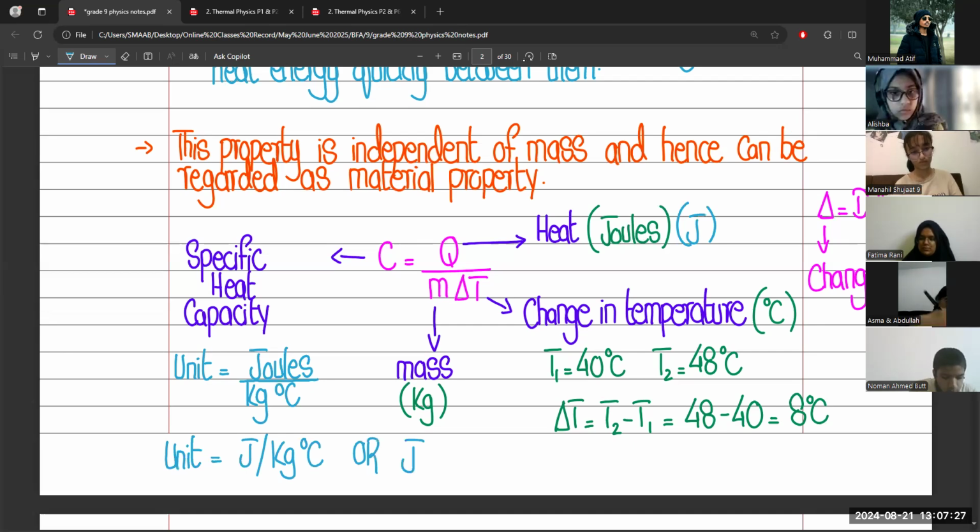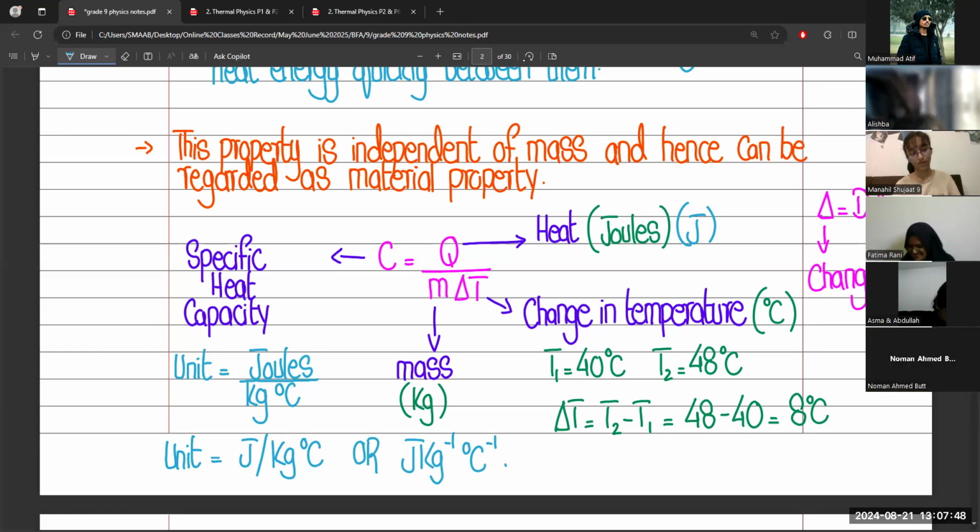or you can also write it like this, joules kg minus 1 degree Celsius minus 1. Because when you are shifting values from the denominator to the numerator, you can see kg and Celsius are in the denominator and you are moving them to the numerator. There is no slash in the second option.